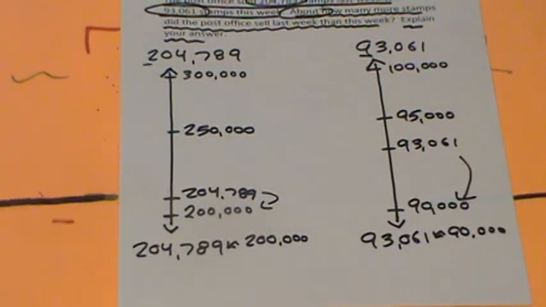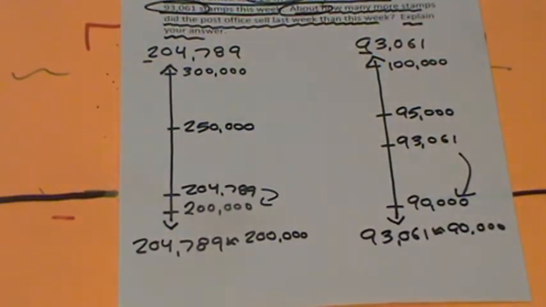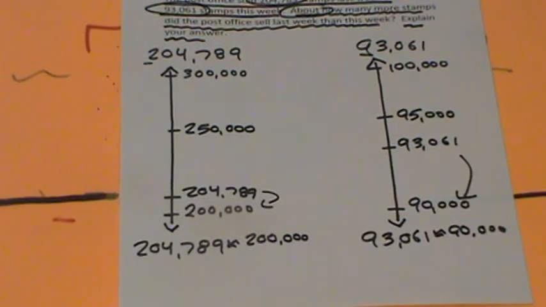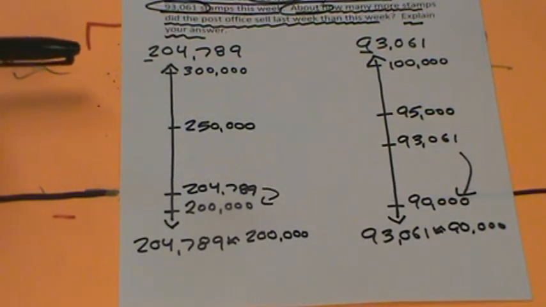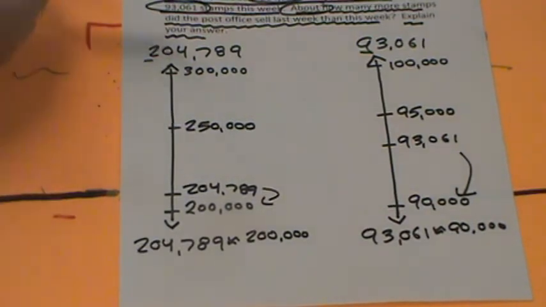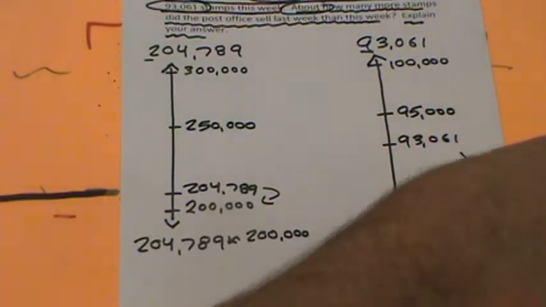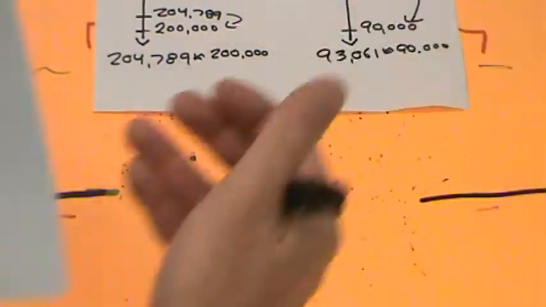All right? Not done yet. Because the problem is asking us about how many more stamps did the post office sell last week than this week. So this is last week, this is this week. I've rounded the numbers, now it's time to subtract, okay?